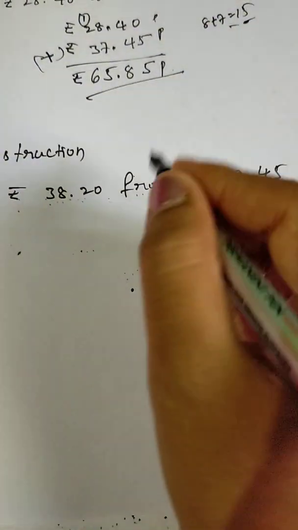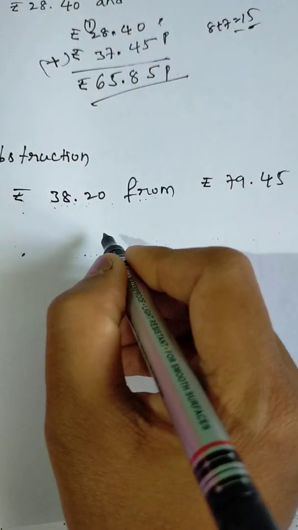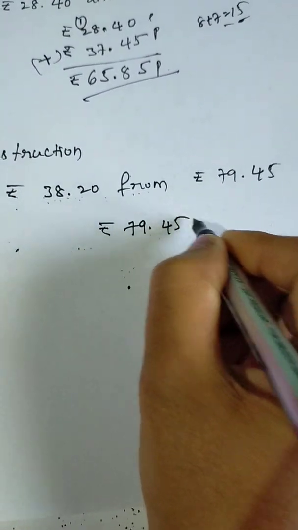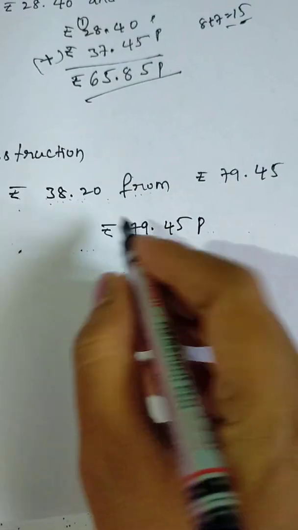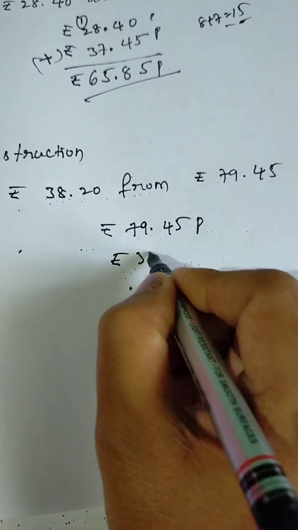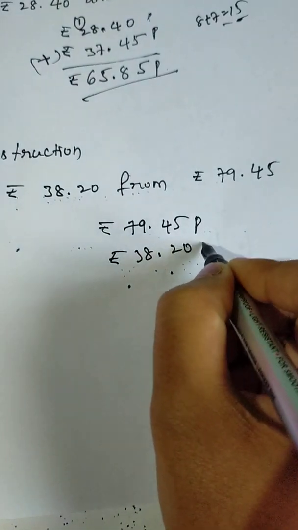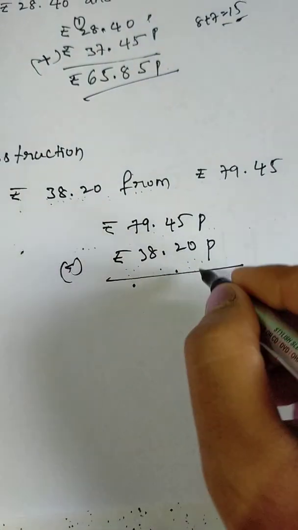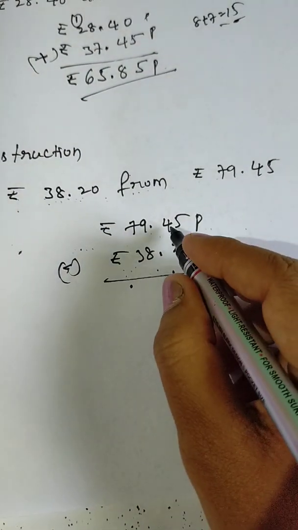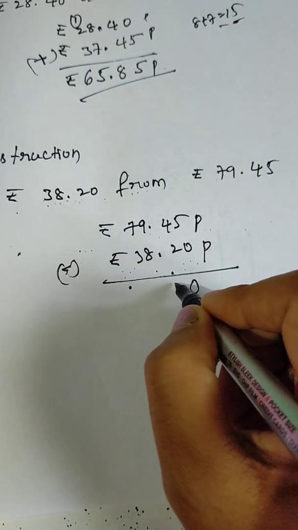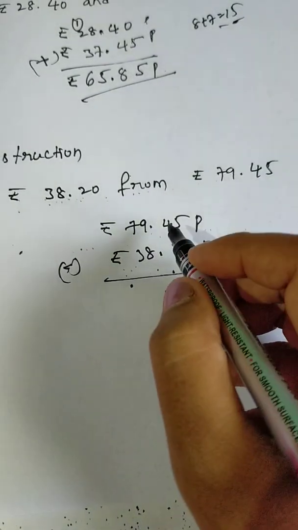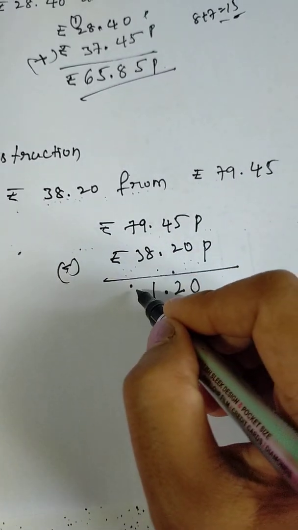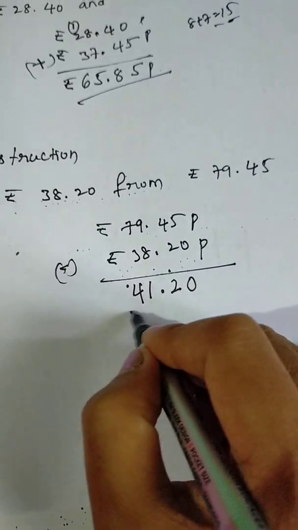This is the one taken from, so subtract 38 rupees 20 paise from 79 rupees 45 paise. This is the symbol of subtraction. 5 minus 0 is 5. 4 minus 2 is 2. 9 minus 8 is 1. 7 minus 3 is 4.